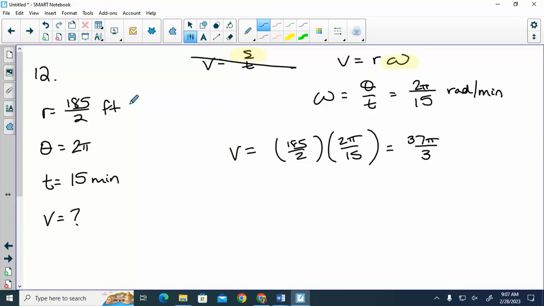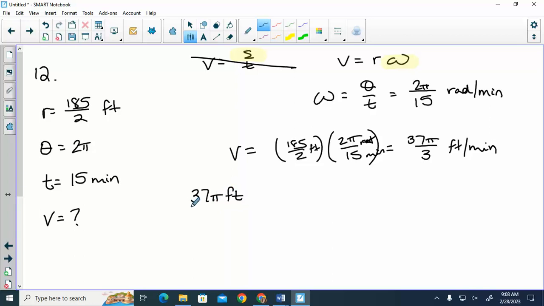My v, I'm looking at units. This radius was feet. This was radians per minute. So the radians would disappear. So this is feet per minute. Okay, which is fine, except for I asked for miles per hour.